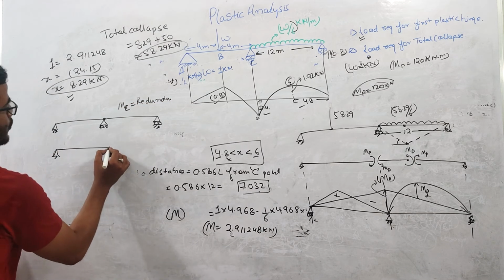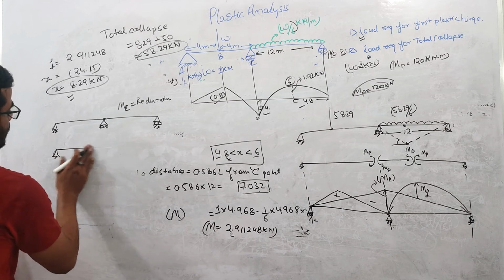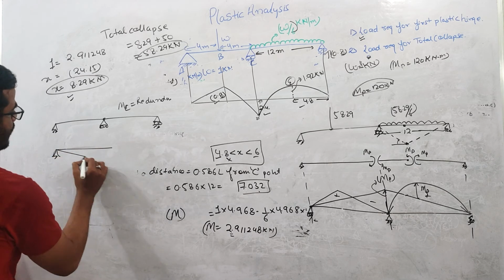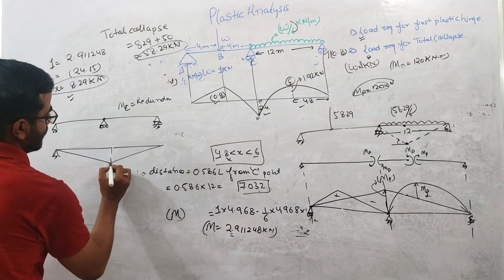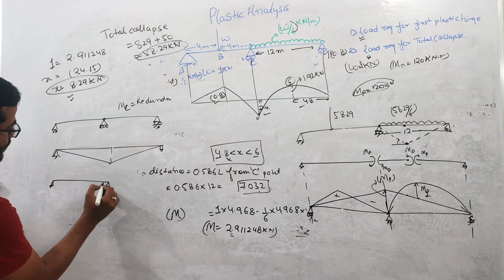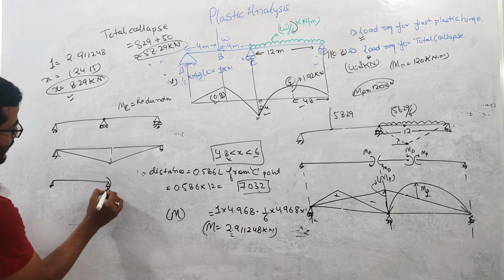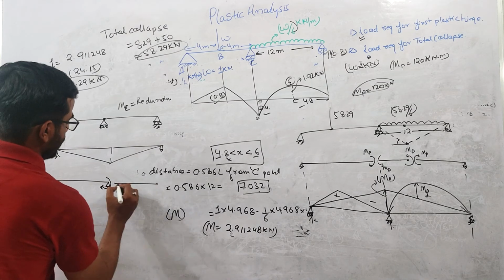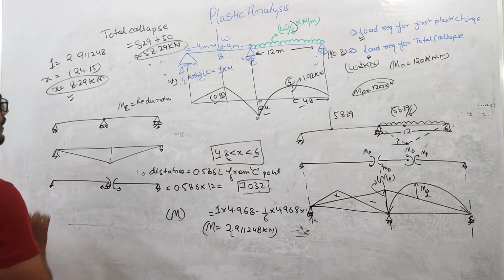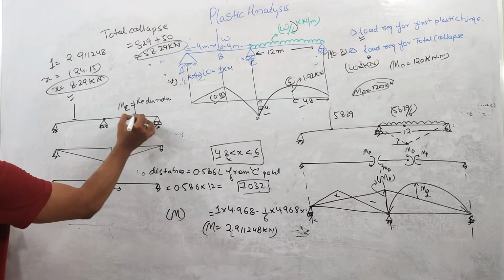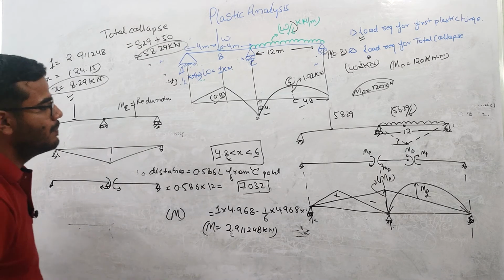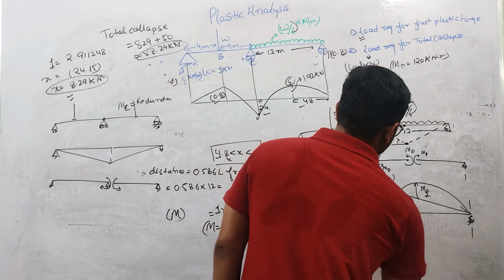Due to these redundants, the bending moment diagram will look like this. You are solving these two equations, applying moment like this, and here also like this. If you draw the bending moment diagram due to the redundant, it will look like this. And due to the load, that is the free bending moment diagram, you can draw that. If you overlap these two, the bending moment diagram will look like this.